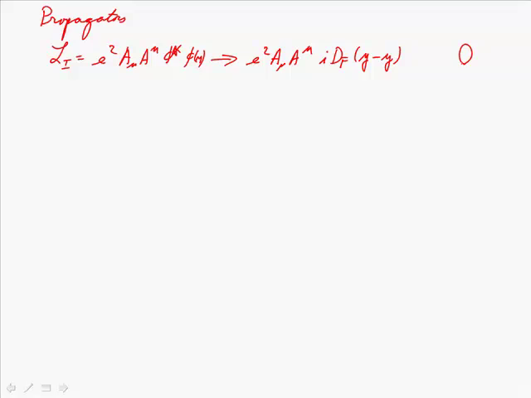It turns into something that looks like that.